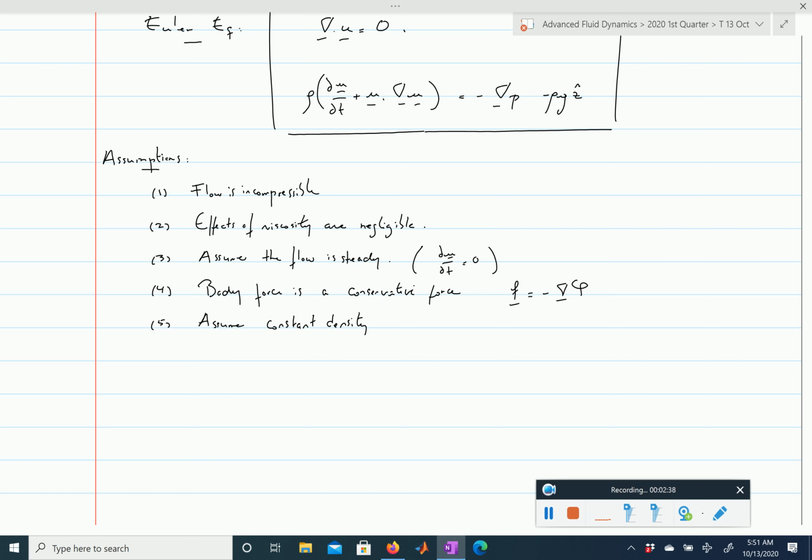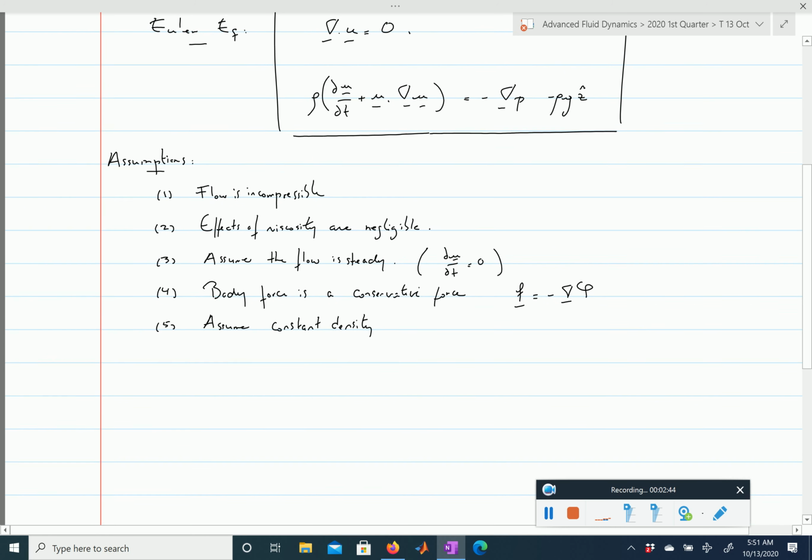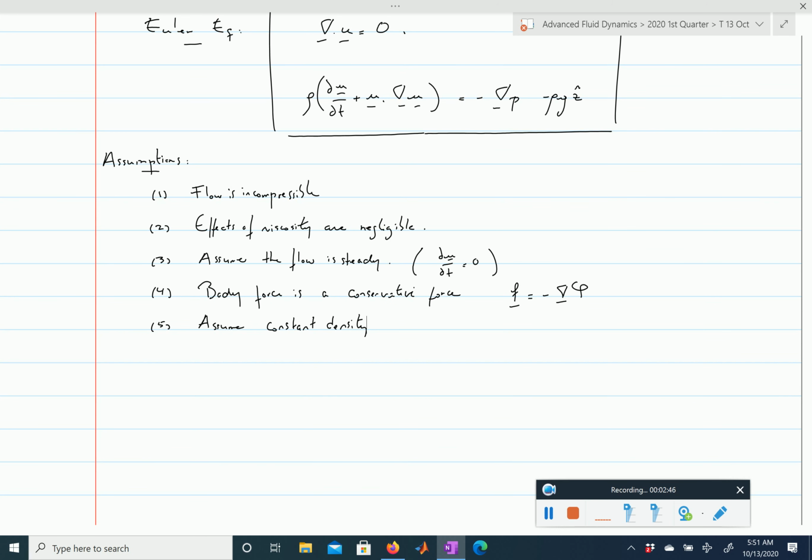You don't strictly need the density to be constant to use Bernoulli's equation. You can assume more generally that if the density is only a function of the pressure, that is, if you have a barotropic flow, then you can also derive Bernoulli's equation, but it's simpler to derive for constant density, and it's very rare that we will have density a function of pressure in examples that we use in the IFD.